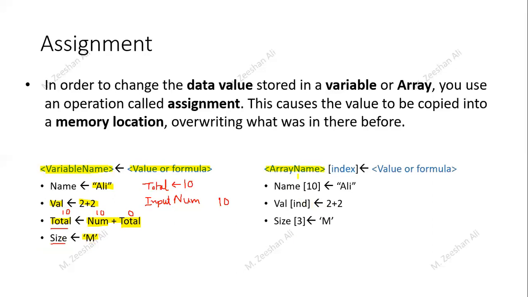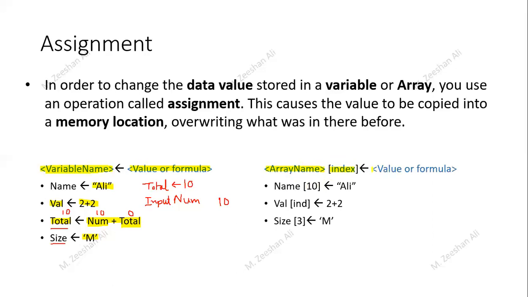Now the index. When we are assigning the values of an array, it is slightly different from the assignment of variables. In array assignment, we need to tell the number of the index. Okay. When we give the name of the array, after that we use the square brackets, and we give the index number, which is the position.